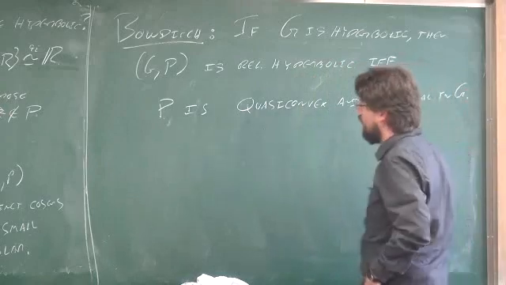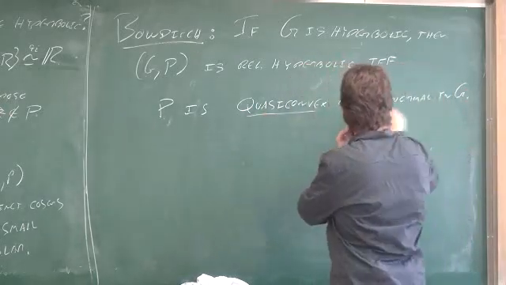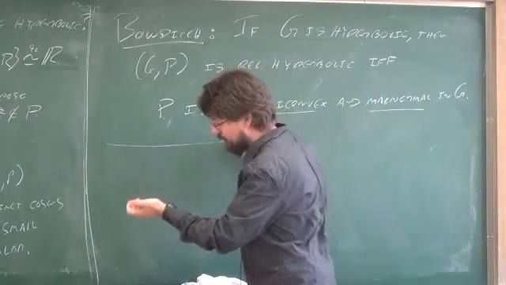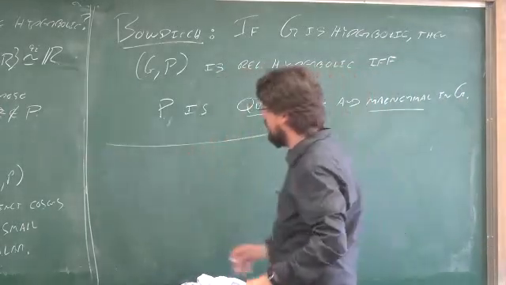In G. Okay. Maybe I should say what quasi-convex and malnormal are. Quasi-convexity is a geometric condition.